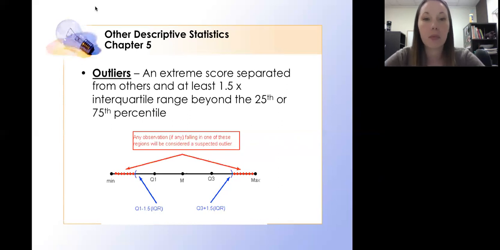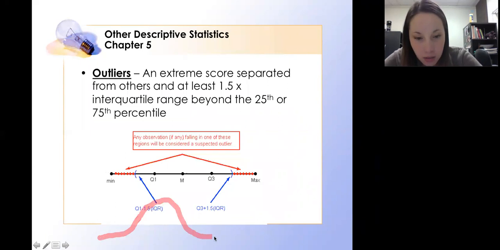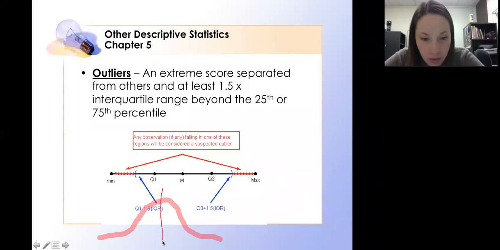is that, let me get my little drawing thing going here. Basically what that's saying, and again, excuse me for my lack of skill. So we've got our mean in the middle, 0.